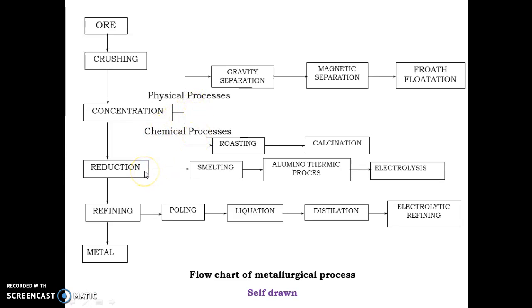Then another process is reduction. In the reduction, there are smelting, aluminothermic process and electrolytic process. Another process is refining. In that, the metal gets refined by poling, liquefaction, distillation, electrolytic refining, and finally you get the metal. So this is the general scenario of how to get metal from the ore.